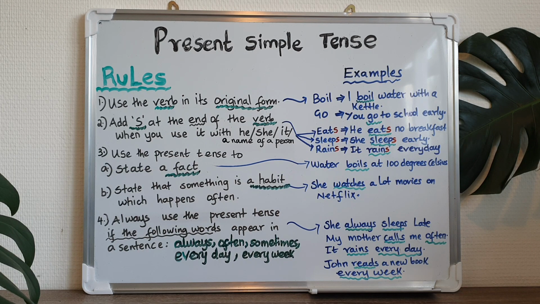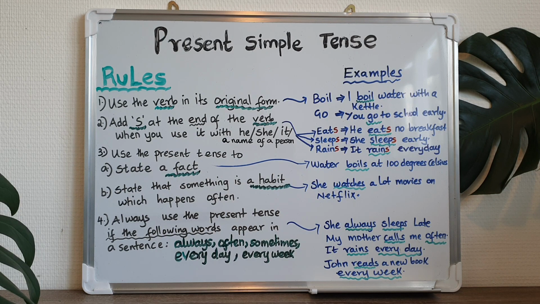Look at the examples. Eats, sleeps, rains. He eats no breakfast. We cannot say he eat no breakfast. That is wrong, because when you use the verb eat with he, you must add an S. She sleeps early, because we are combining the verb sleep with she.